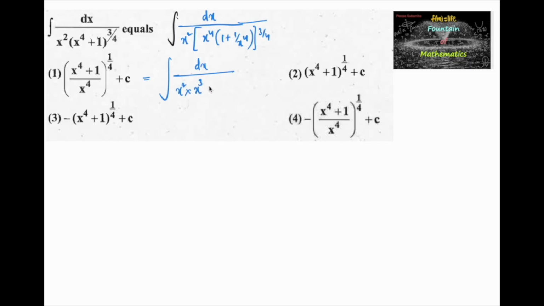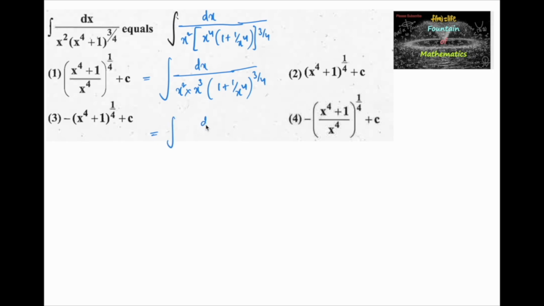So integration of 1 upon x square into (x power 4 plus 1) whole power 3 by 4. We can write integral dx upon x square times, taking x power 4 common inside the bracket, x power 4 times (1 plus 1 by x power 4), the whole to the power of 3 by 4, which is equal to integral dx upon x square into x power 4 whole power 3 by 4, which is x power 3, and (1 plus 1 by x power 4) whole to the power of 3 by 4.